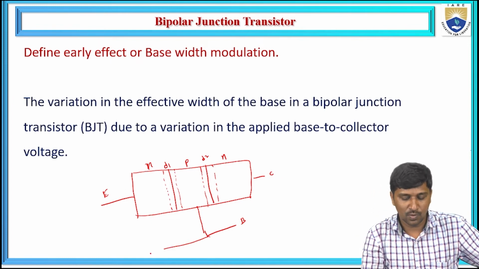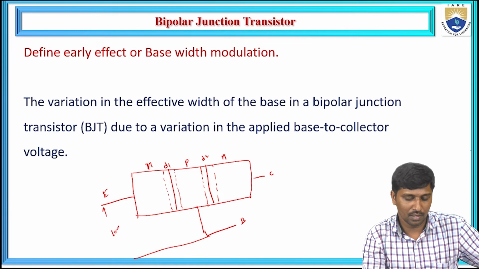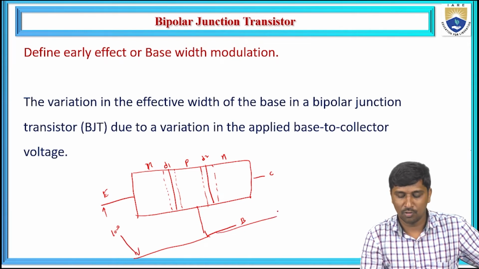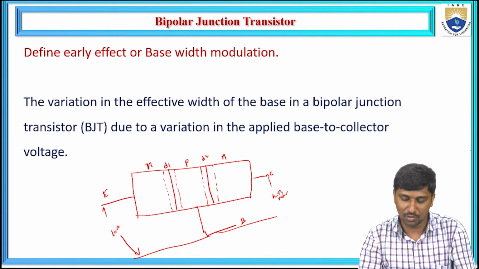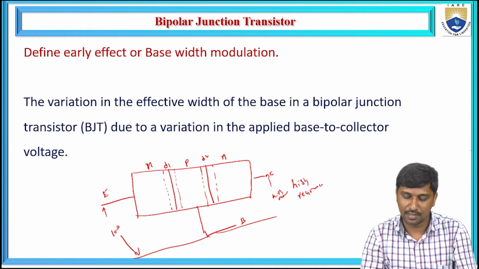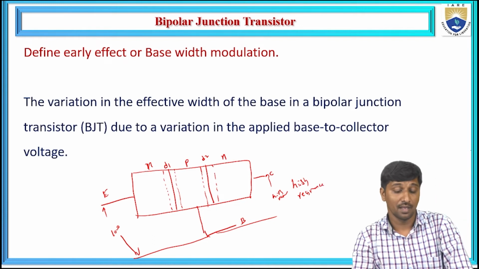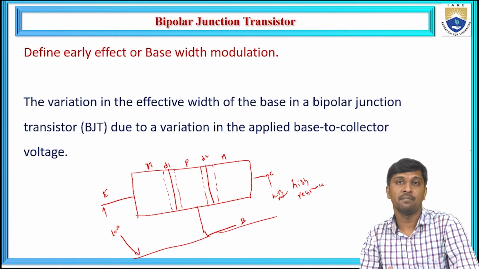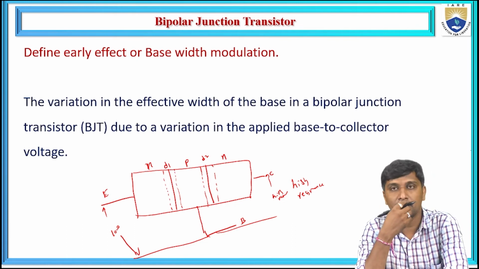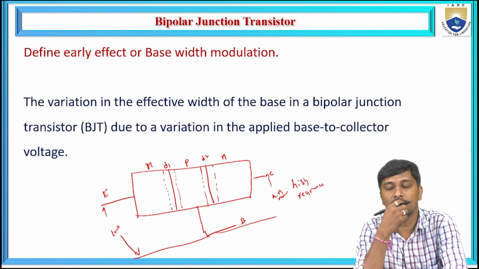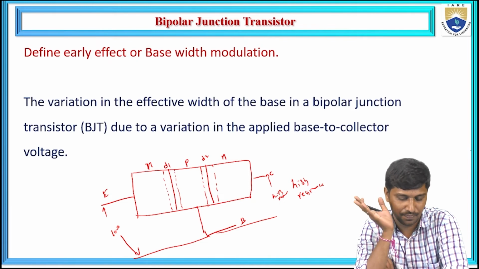That means at the input side we need to offer a low resistance, and at the output side we need to offer a high resistance output device. Now how are we going to make the input side low resistance and the output side high resistance?